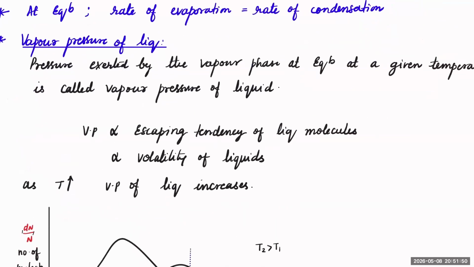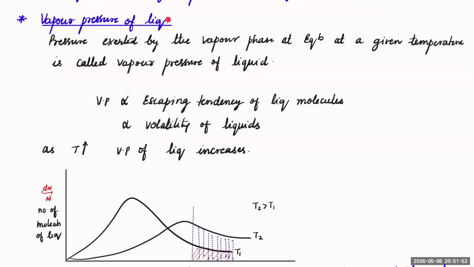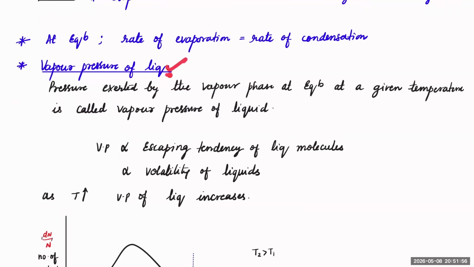Next, when it comes to a term called vapor pressure of a liquid, what does this mean? It is the pressure exerted by the vapors which are at equilibrium on the surface of the liquid, at that given temperature. How much pressure it is exerting is what we call the vapor pressure of the liquid.